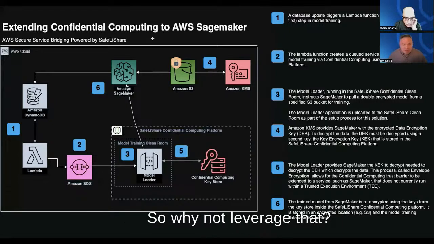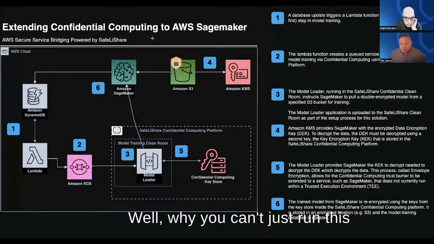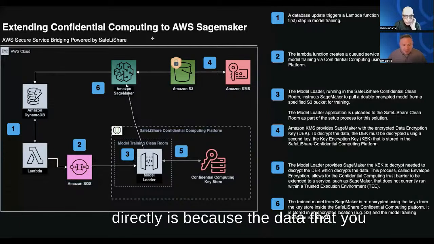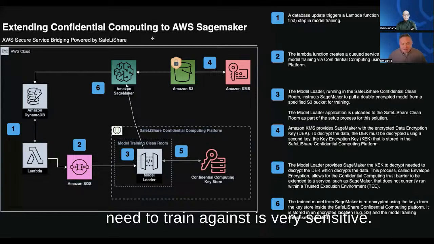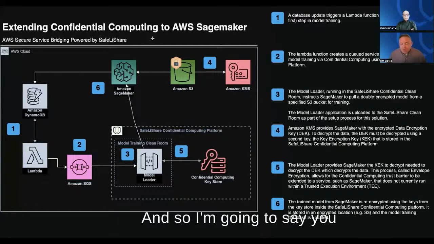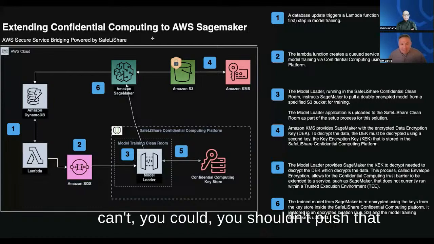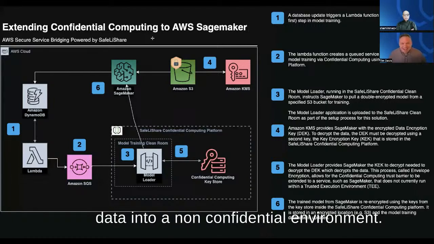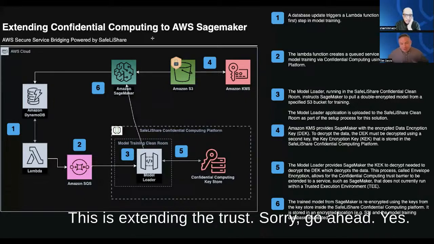So why not leverage that? Well, the reason you can't just run this directly is because the data that you need to train against is very sensitive. I want to say you can't. You could. You shouldn't push that data into a non-confidential environment. I think that is the key. So this is extending the trust.